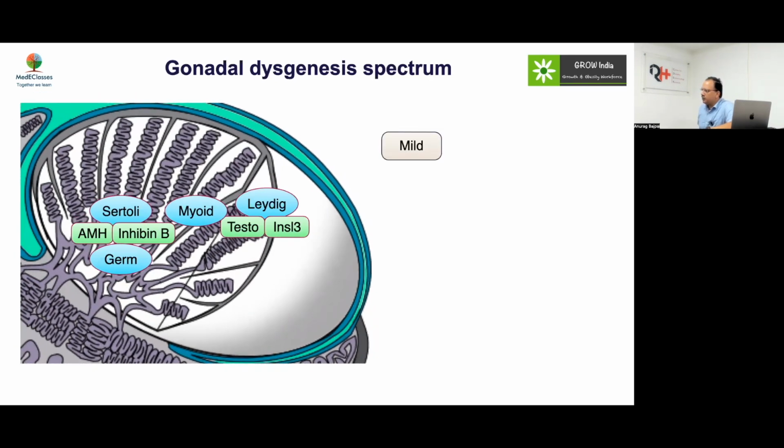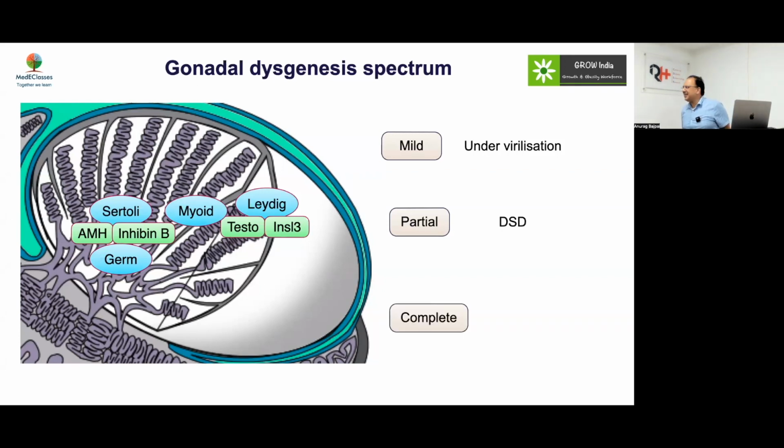So this gonadal dysgenesis actually is a whole spectrum. We have seen patients who may just present to you with hypospadias to patients who will come to you with complete gender reversal. So there are mild and partial forms, in which there is an effect on the Sertoli or the Leydig cells predominantly, resulting in DSD, and the complete form which will result in a female appearance.